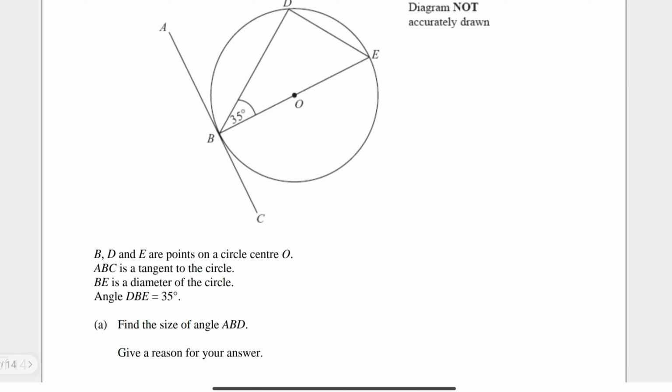Okay. B, D, and E are points on a circle with center O. ABC is the tangent to the circle, BE is the diameter of the circle, and angle BDE is equal to 35 degrees. Find the size of angle ABD. So this is angle ABD, so let's call it X. Since we have been told that this is a tangent to the circle, it implies that this is a right angle.